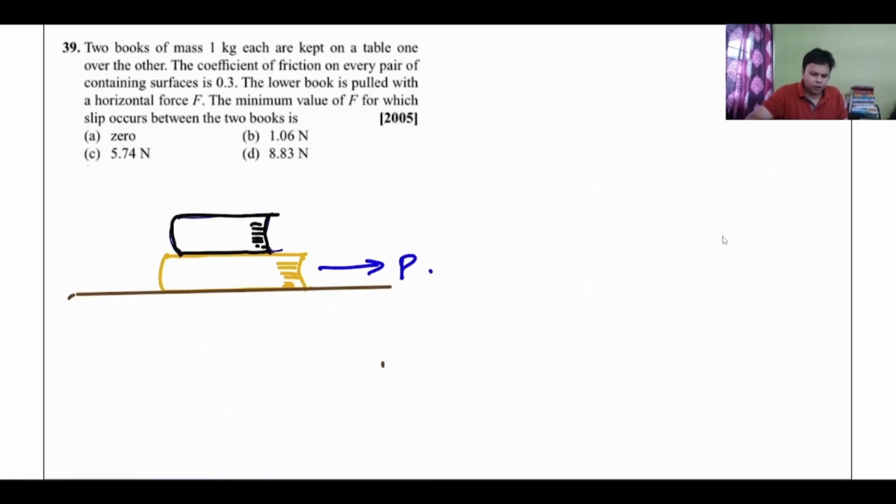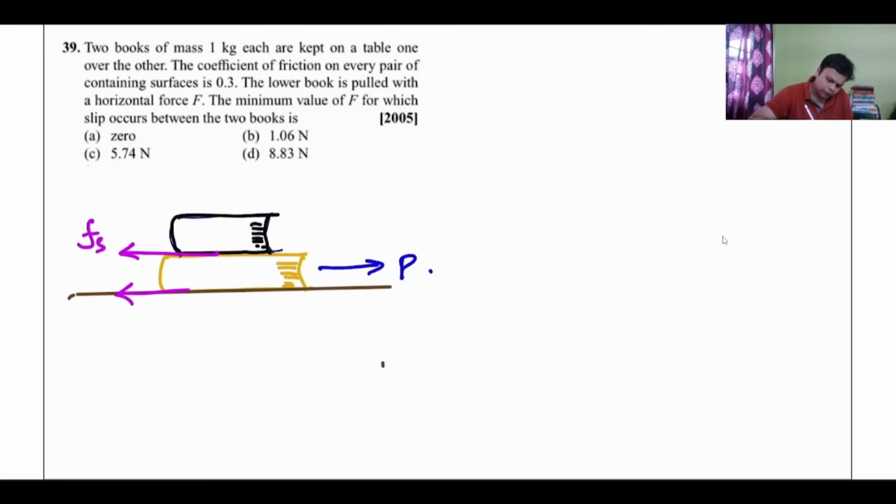Okay. So the lower book is pulled with a horizontal force F. The minimum value of F for which the slip occurs between the two books. So for slip to occur, the friction should be at limiting value. Only after that, if you increase the force, there will be slip. So at limiting condition, there will be two friction forces here.